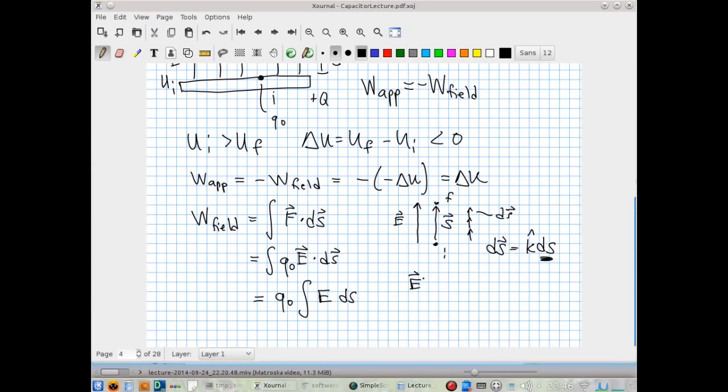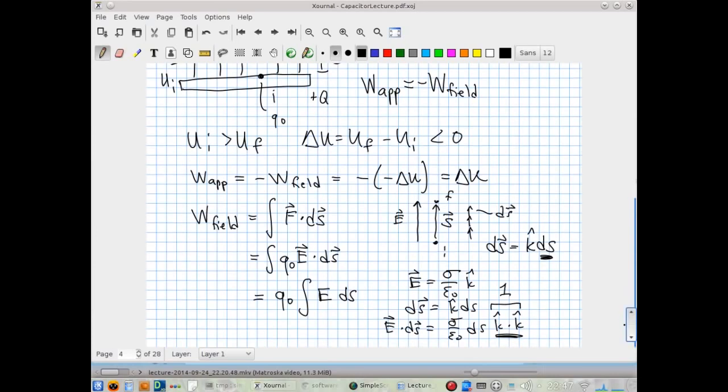Since E is equal to sigma over epsilon naught k hat, and ds vector is equal to k hat ds, the dot product of these two things is just going to be equal to sigma over epsilon naught ds, k hat dot k hat. And the dot product of a unit vector with itself is always 1. So in the end, we get a pretty straightforward integral.